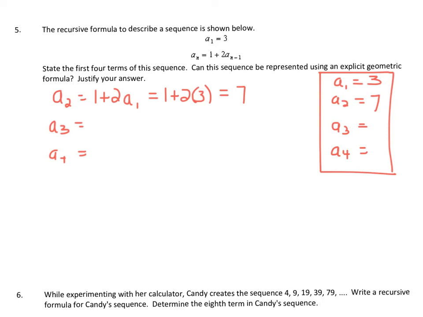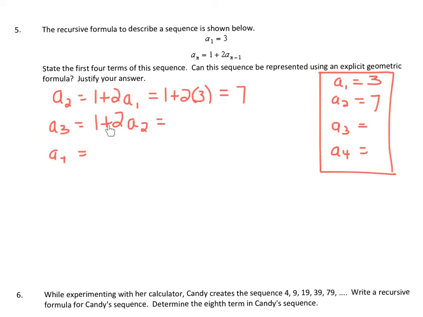So a sub 3. So if we want to find a sub 3, we're replacing this n with the 3, which we did. And now we could write 1 plus 2 times a sub, well, if we replace this n with a 3, we have to replace this n with a 3. And since 3 minus 1 is 2, I'm going to make my subscript a 2. Okay, so let's rewrite this.